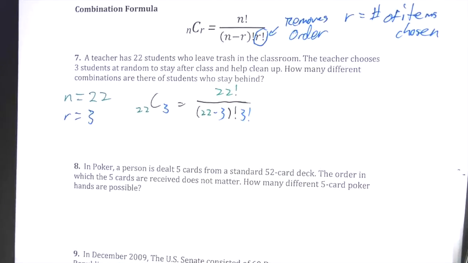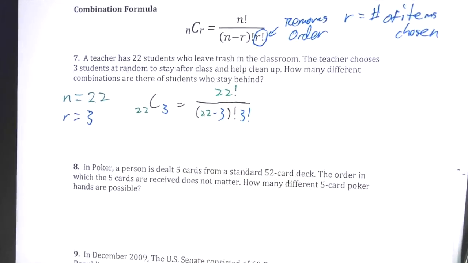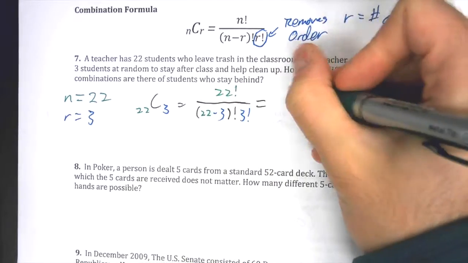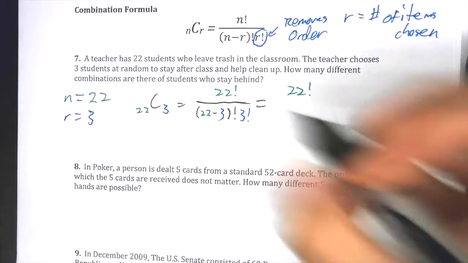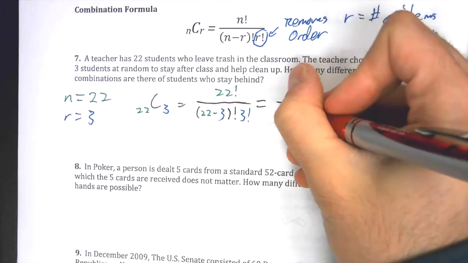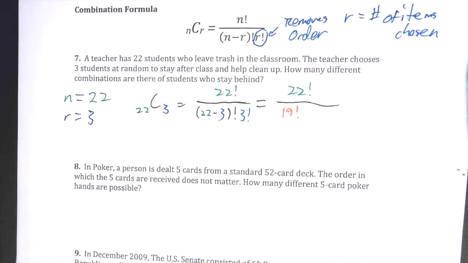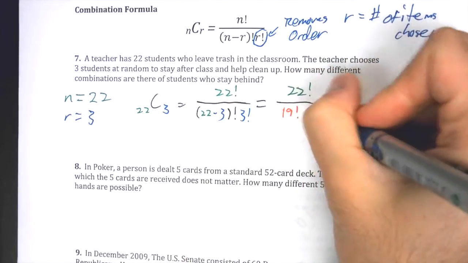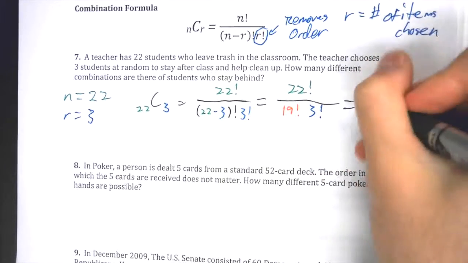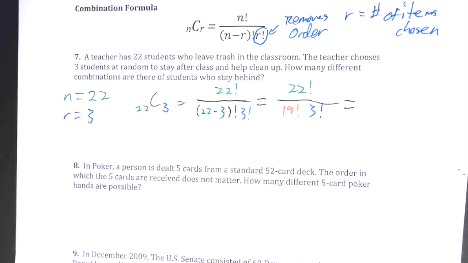So I'm just switching out the variables. What this is going to end up equaling, if we do the subtraction, is 22 factorial over 19 factorial, then 3 factorial. If we're expanding this by hand, we talked about this on Tuesday, and then I taught you a calculator way to do it. Same thing here. I'm going to teach you the expanding way by hand, and then I'll teach you the calculator way on 8.